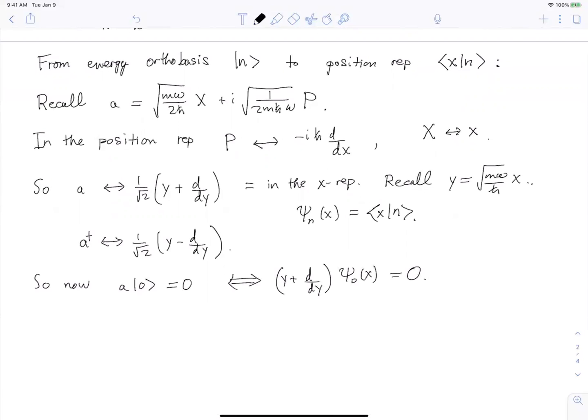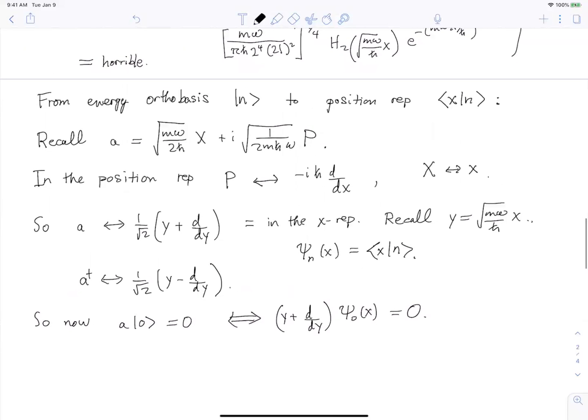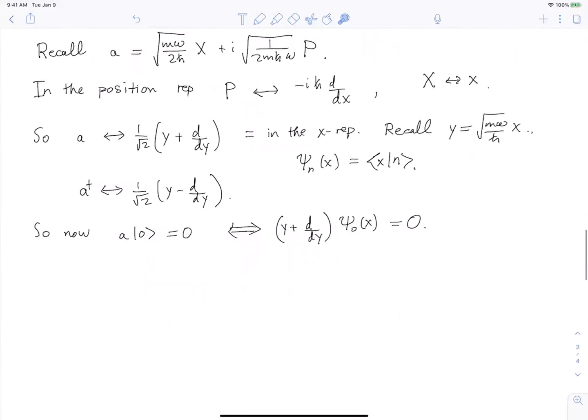So where we're going with this is we're now going to show that we can solve this differential equation to find the wave function of the ground state, which is something we already knew from the position representation, but we're sort of getting it, in this case, from the energy orthobasis representation. So our job is to solve that differential equation.